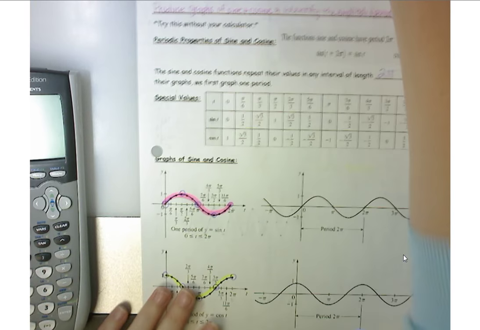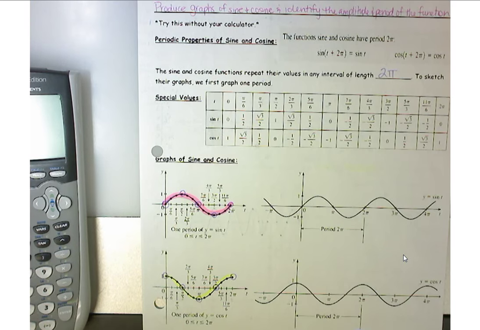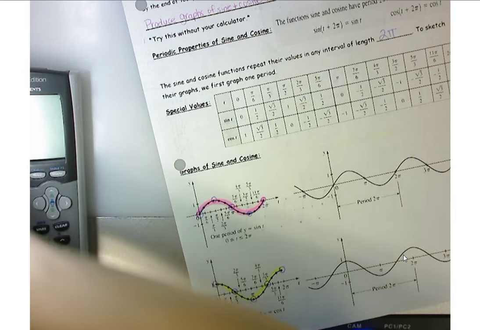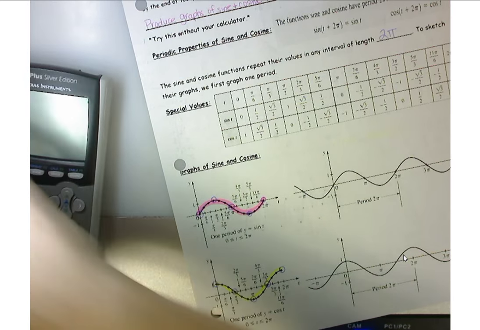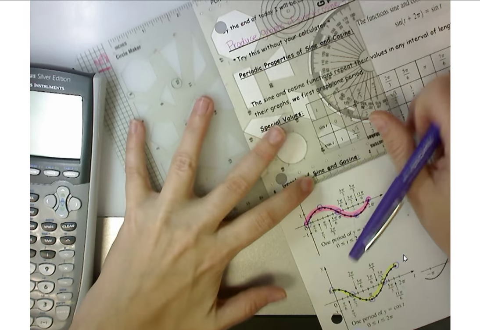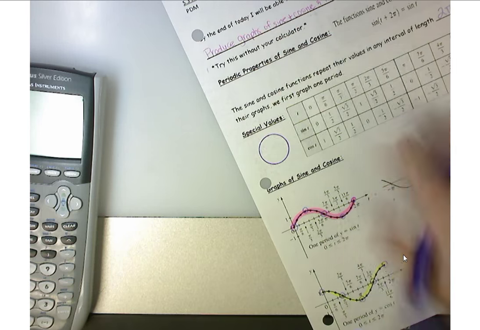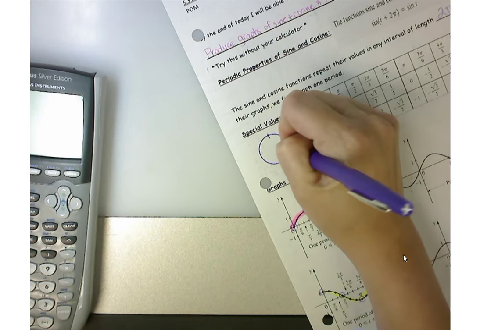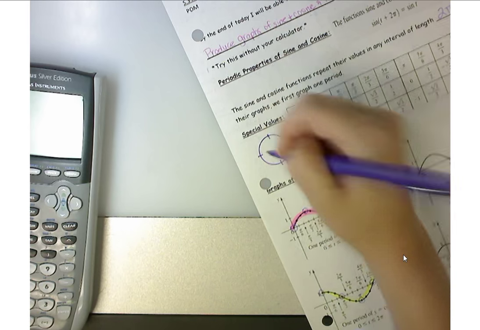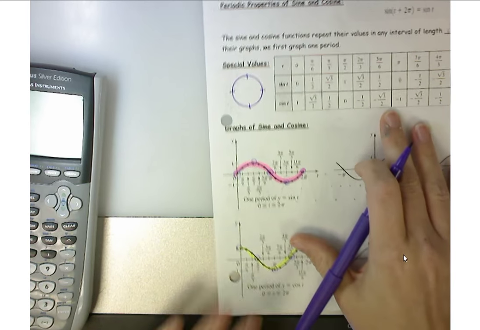And that's because what did we use to find those? How did you guys find your values? What did you have to use? Your unit circle. Okay, so on the unit circle, the ones that we want to focus on are going to be at 0, pi over 2, pi, and 3 pi over 2.